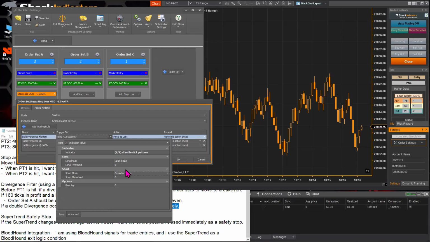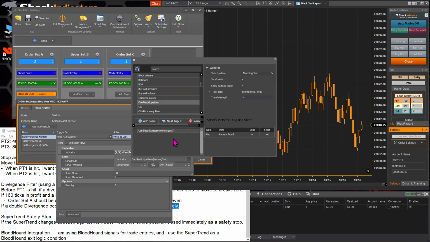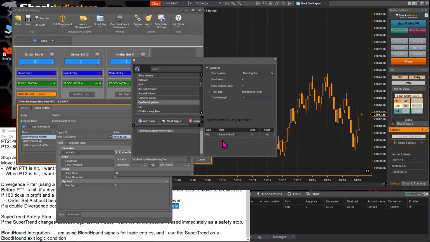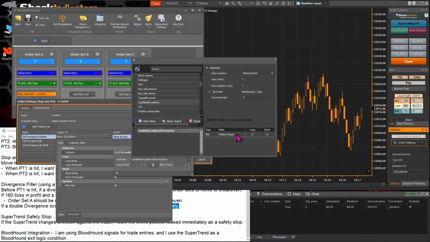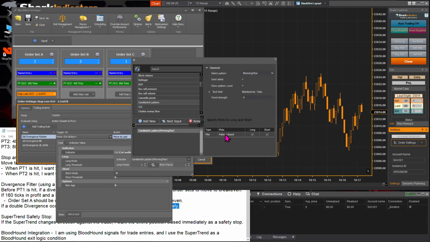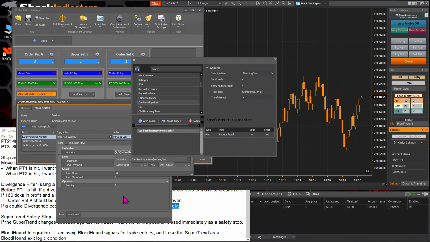Hopefully that divergence indicator has a double signal output that can be read, that tells Blackbird there was a double divergence. So make sure you select the correct output from that divergence indicator.